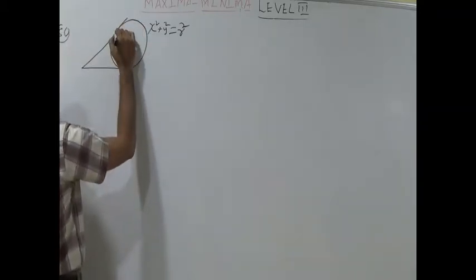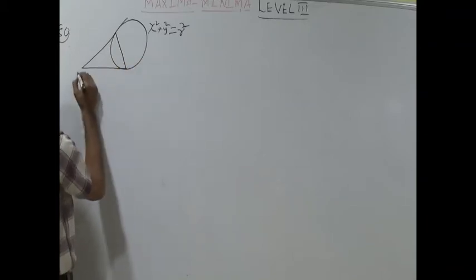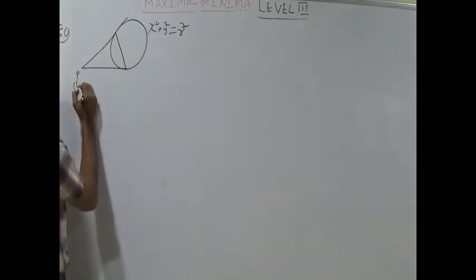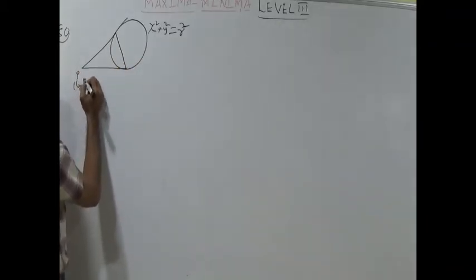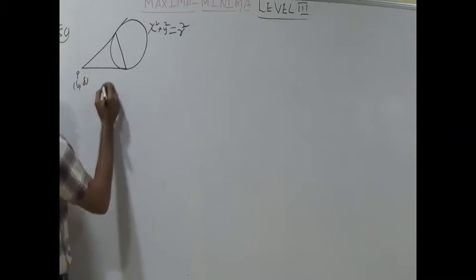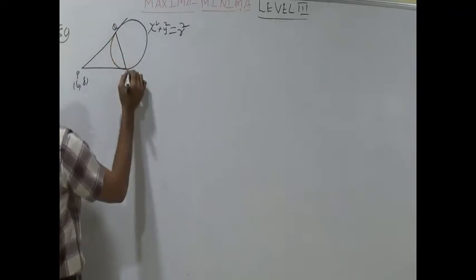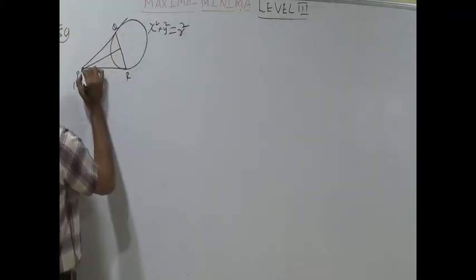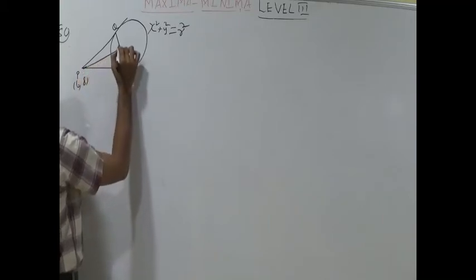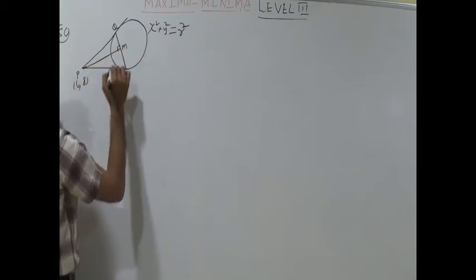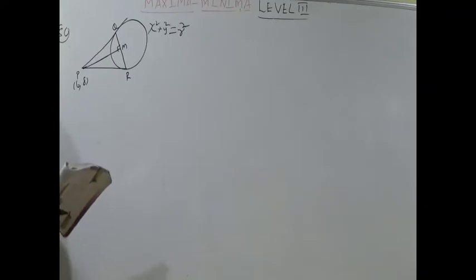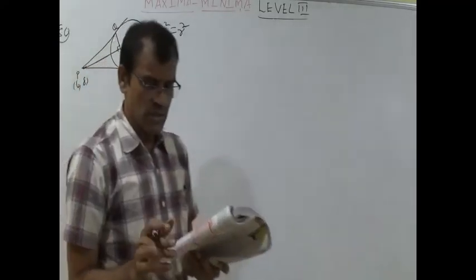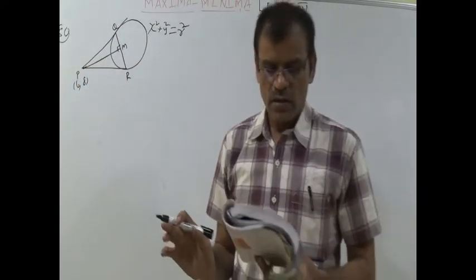Given P(6, 8), this is the chord of contact. P(6, 8) we can write here. Let us draw Q and R here. Let this perpendicular line be M. That's all, this is the only given data.